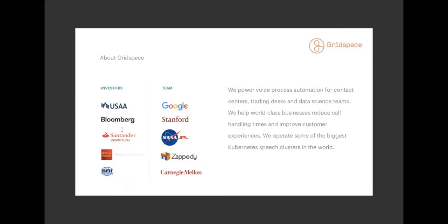We're a voice process automation company. We power some of the world's largest contact centers and trading desks, and provide real-time data from human conversations to data science teams. We're doing this in service of businesses, helping them make customer experiences better, and helping those businesses' own customers have more seamless voice-based interactions with agents.